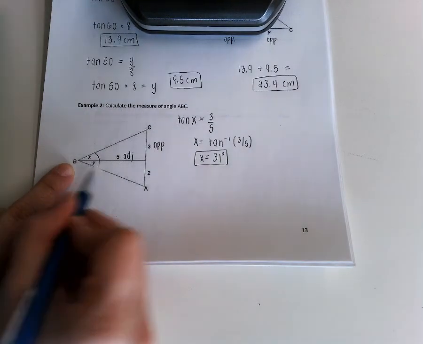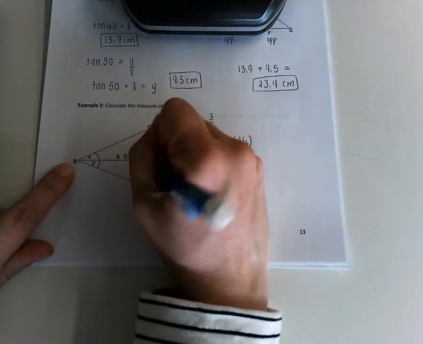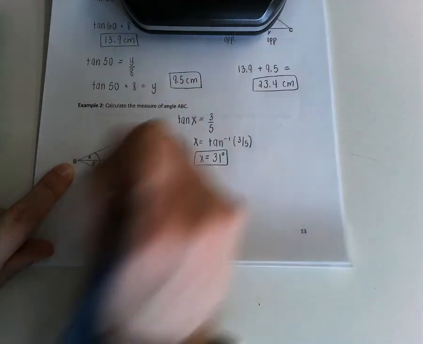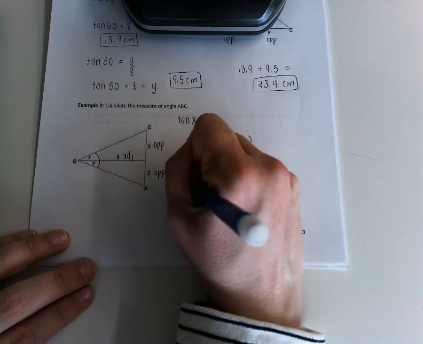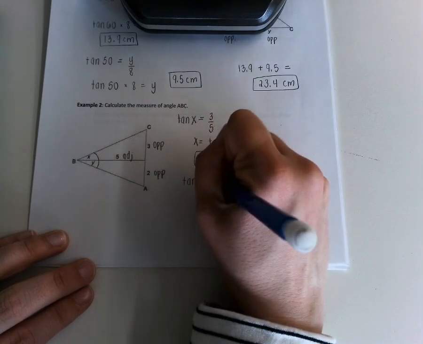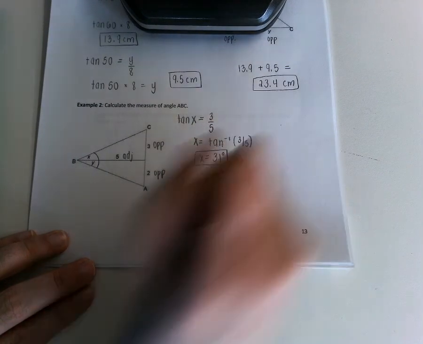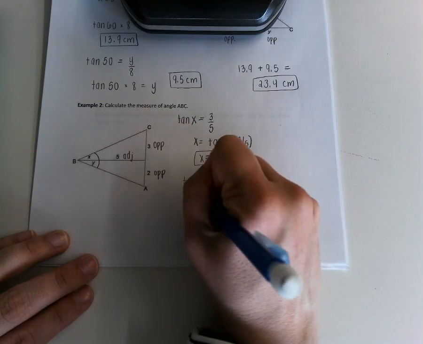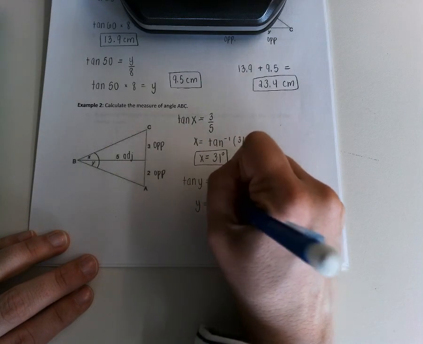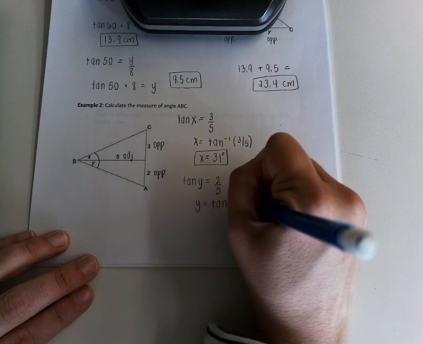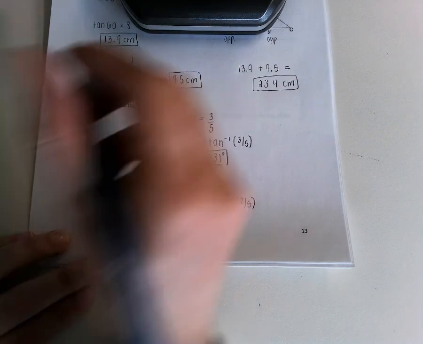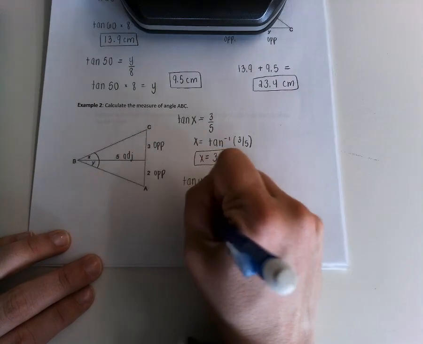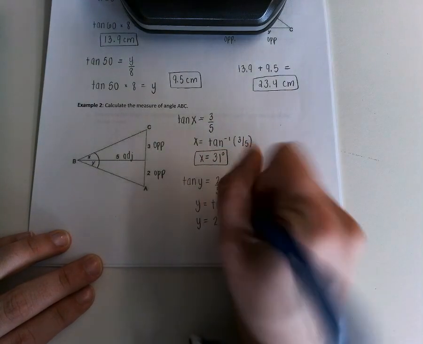Similarly, for y, again, 5 is the adjacent, and 2 is the opposite. So, tan of y is 2 over 5. So y will be equal to tan inverse of 2 over 5, which is 22 degrees if we round it.